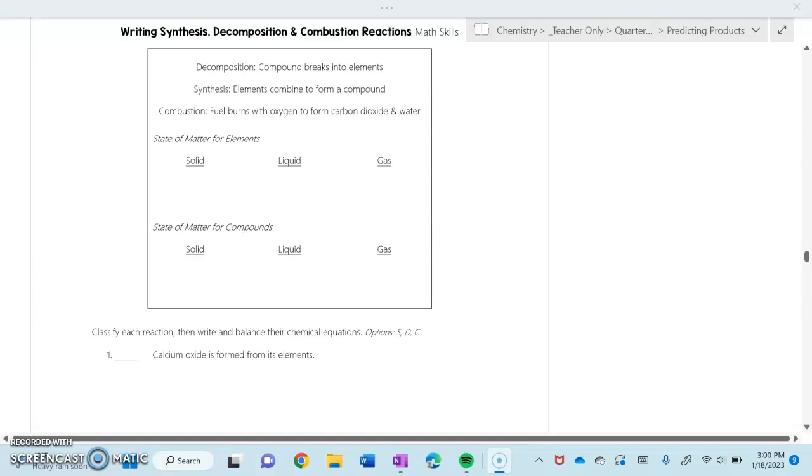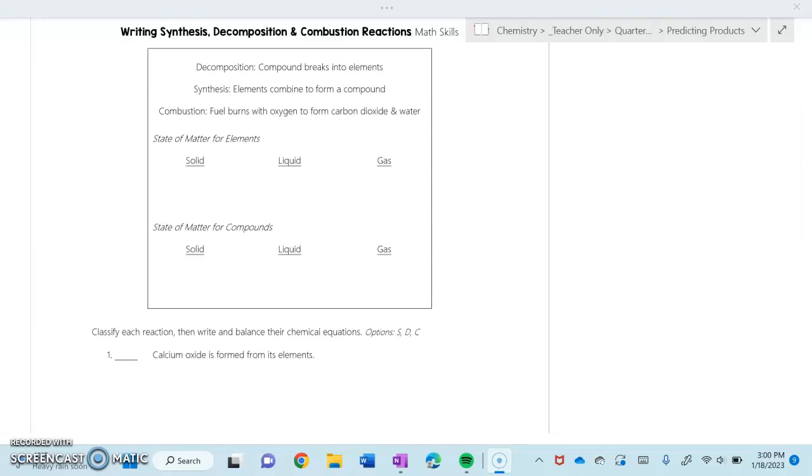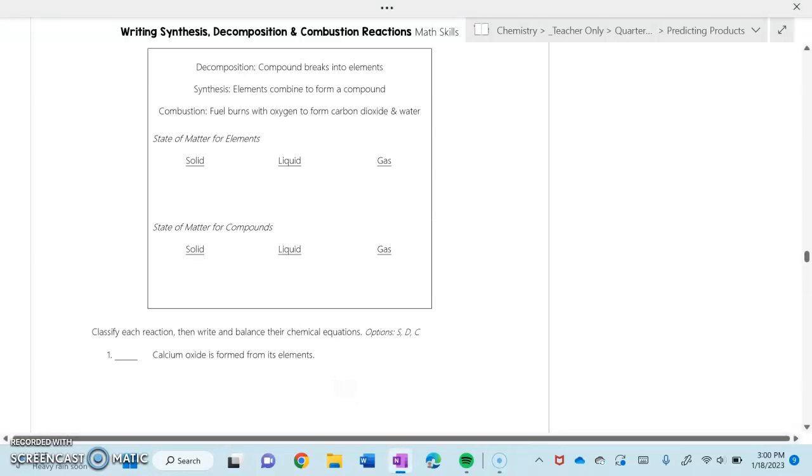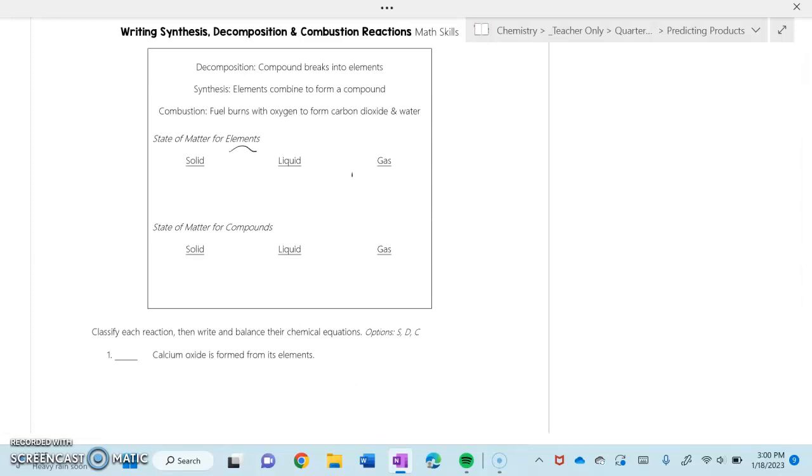So our states of matter that we'll typically see, I'm actually going to start with gas. The gases of the elements on the periodic table, the ones that are gases are most of our diatomic 7. So if you remember those 7 diatomic elements, you should be able to remember states of matter.